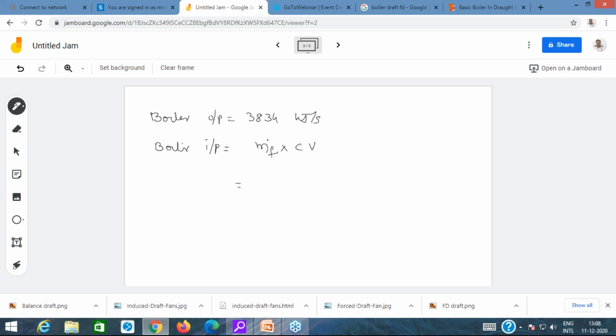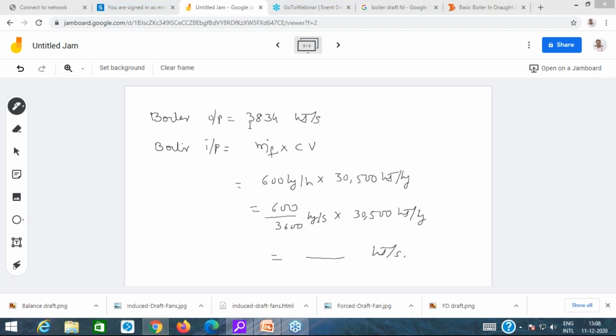Fuel consumption rate is given to be 600 kgs per hour into calorific value of 30,500 kilojoules per kg. So this is 600 upon 3600 kgs per second into 30,500 kilojoules per kg. How many kilojoules per second is the input? Tell me the answer.